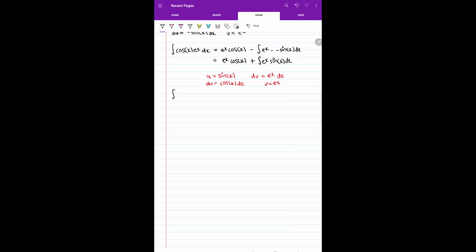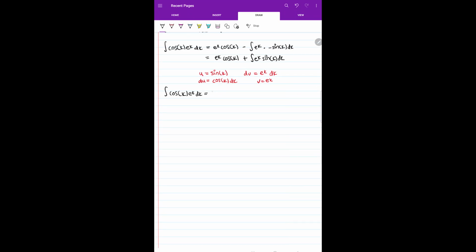So now the same integral that we have above is going to be equal to, we copy the first part down, so e to the k times cosine k, now plus, now you put our brackets, we apply the integration by parts, so u times v, I'm going to write it as v times u, it's the same thing, minus the integral of v du, and I'm going to write it as du times v.